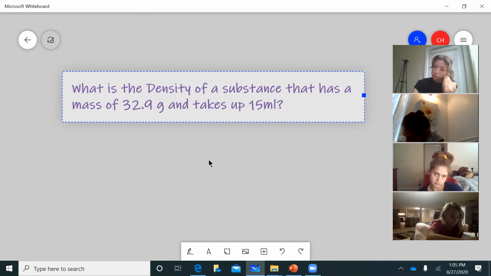Okay, so what is the density of a substance that has a mass of 32.9 grams and takes up 15 milliliters?